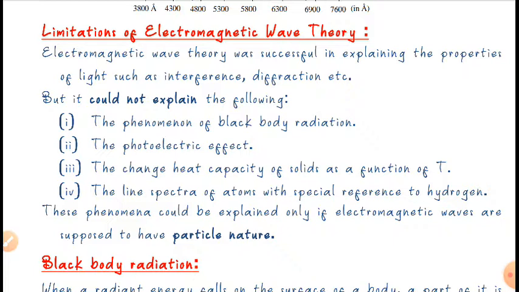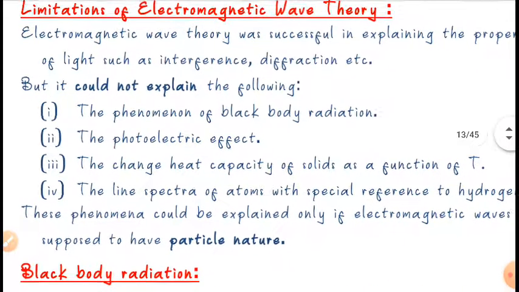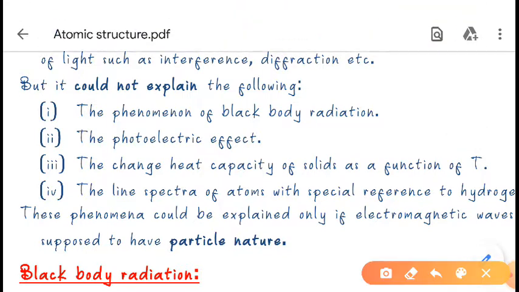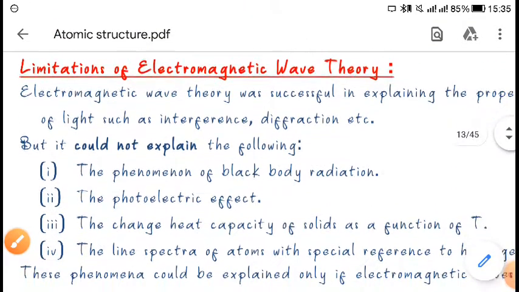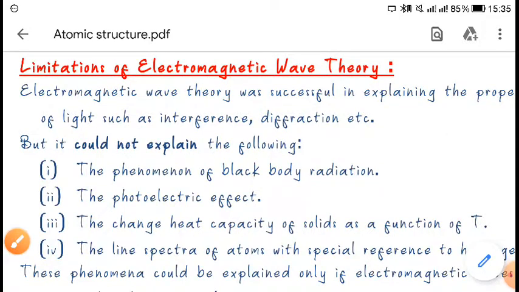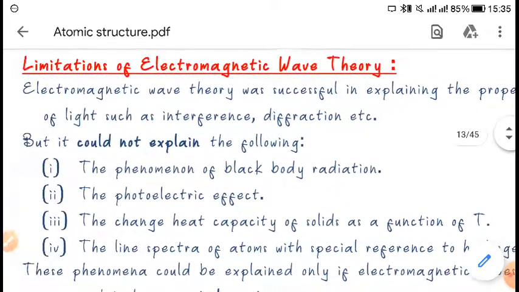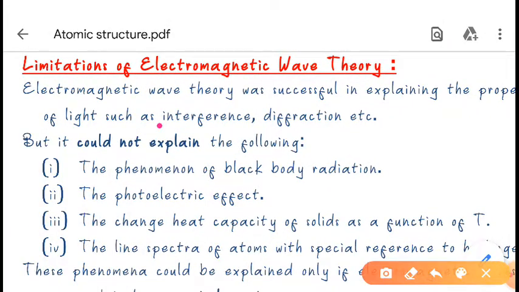The electromagnetic wave theory was successful in explaining the properties of light such as interference and diffraction.